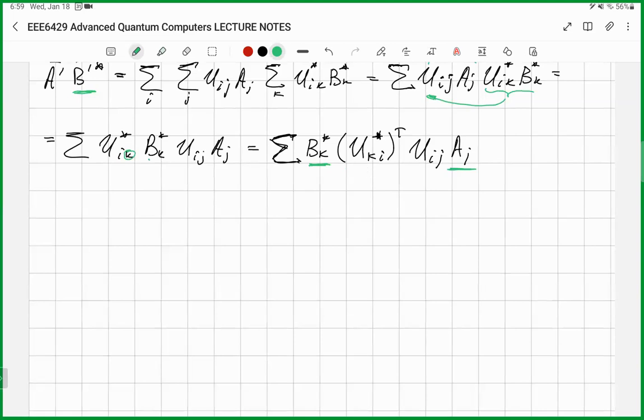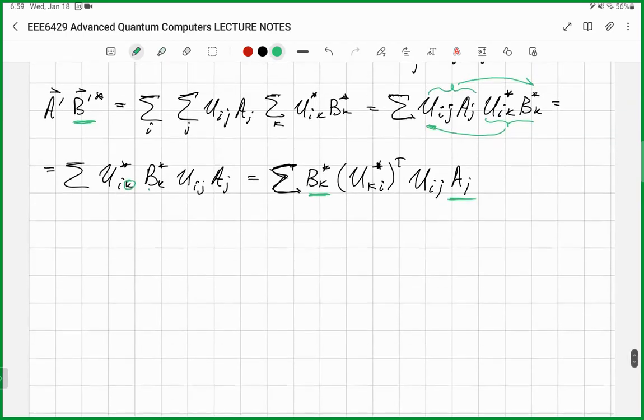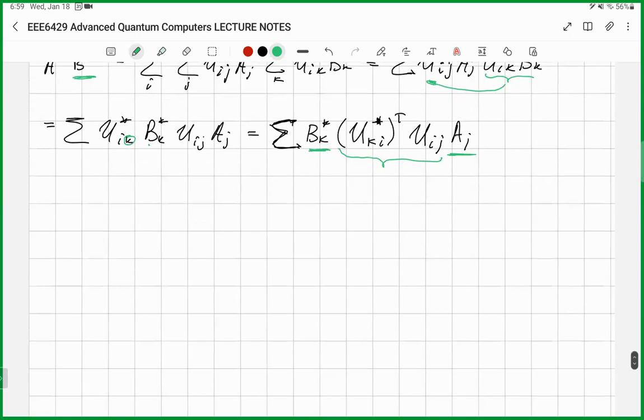But this allows me to notice the following. If I have here the product of two matrices, right? Let me write it down here. So I have this matrix U_ki and matrix Y_ij.